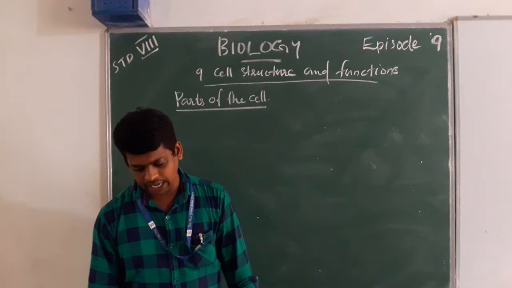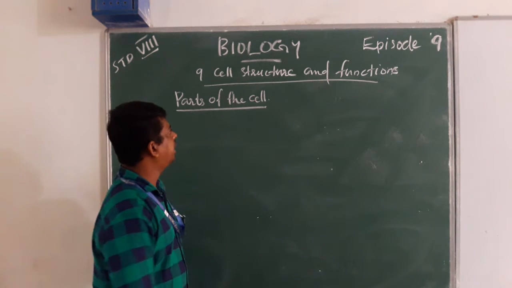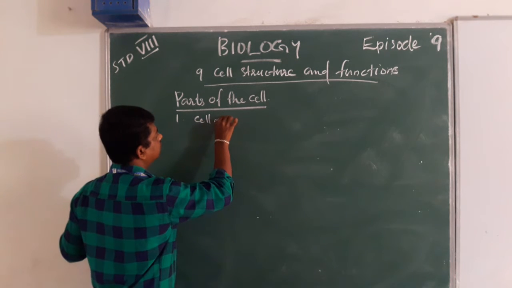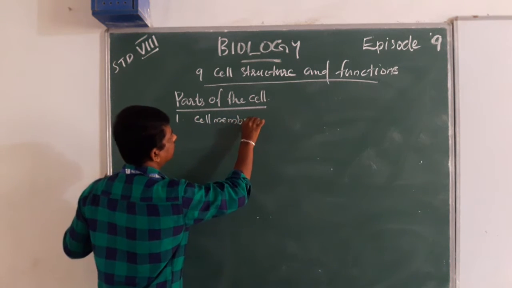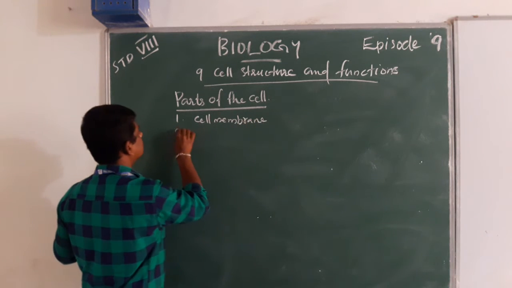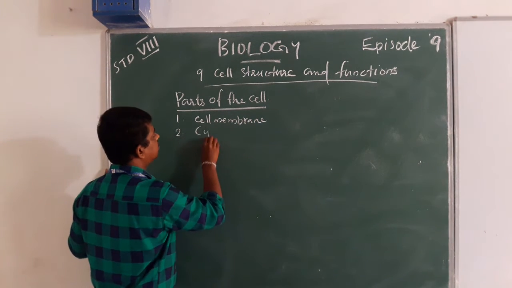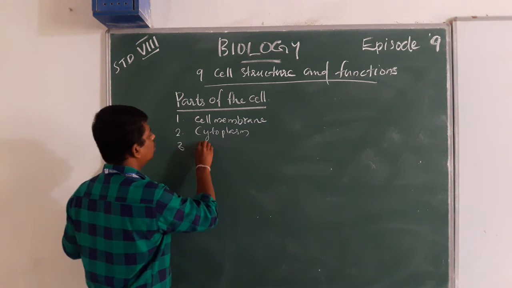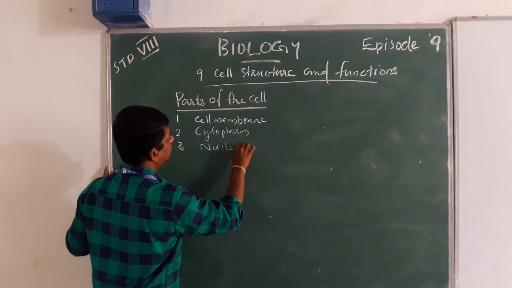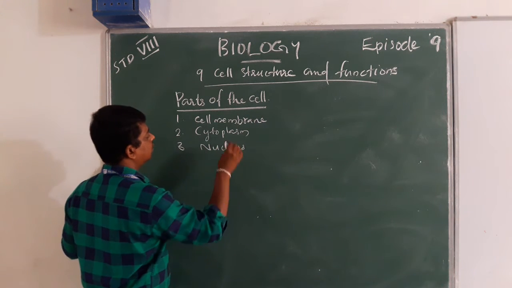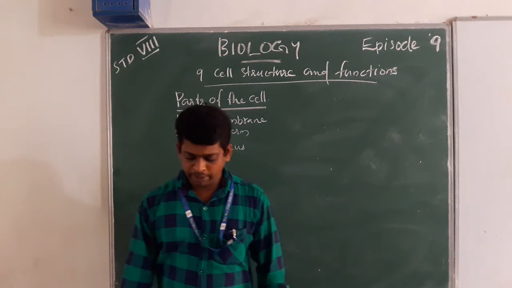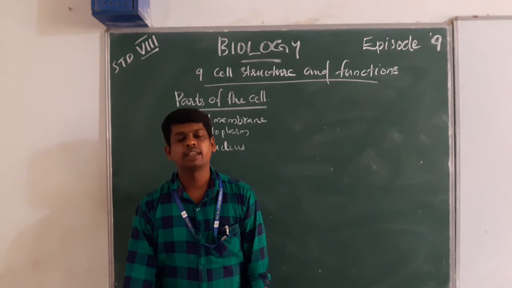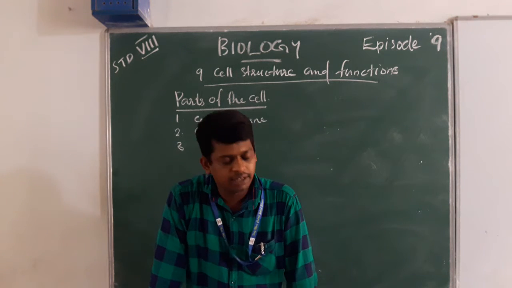The parts of the cell are one, cell membrane, two, cytoplasm, three, nucleus. These are the main parts of the cell.